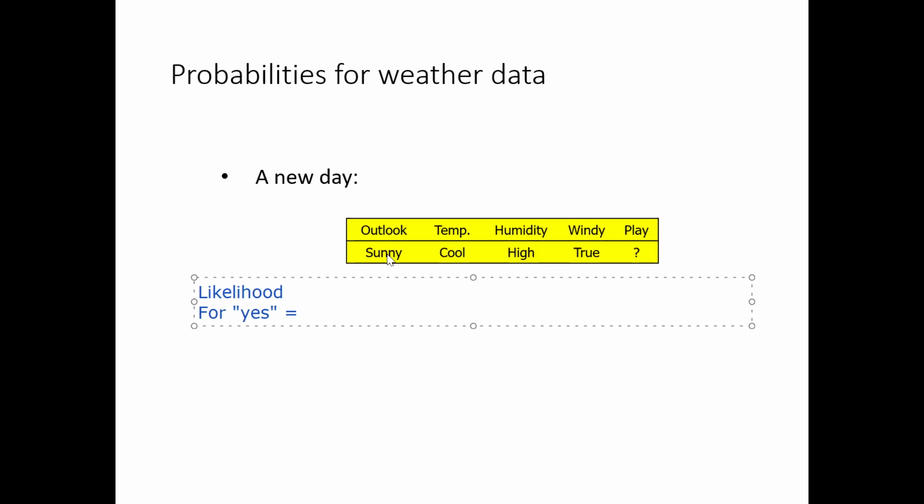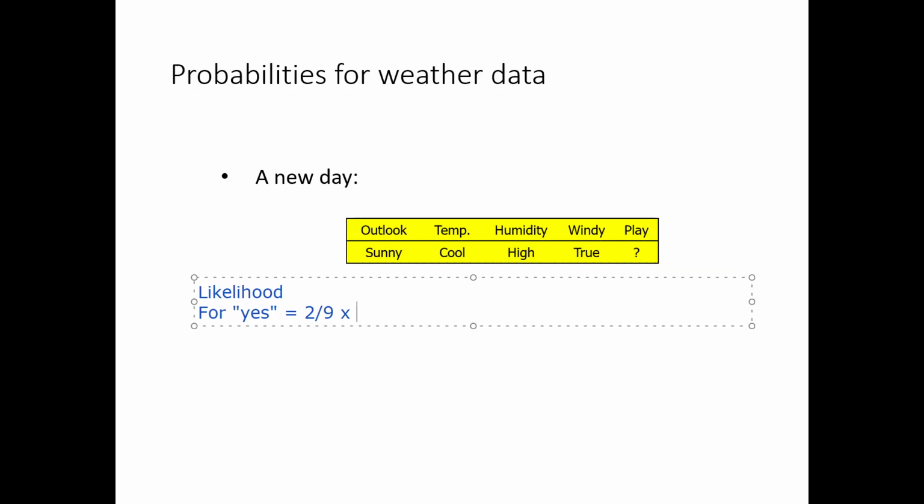Outlook is sunny, so you go to the table where outlook is sunny and calculate the probability. That is 2 out of 9, right? And you have to multiply this when you have temperature cool.